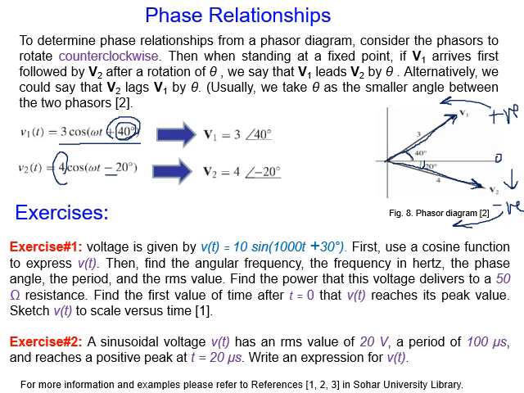Now, if I ask you, what is the phase shift of V1 with respect to 0, you will tell me this is 40. What is the phase shift between V2 with respect to 0? You will tell me it is 20. Now, if I ask you, what is the phase shift between V1 and V2? You will tell me it is 60 because you add both of them. Got it?